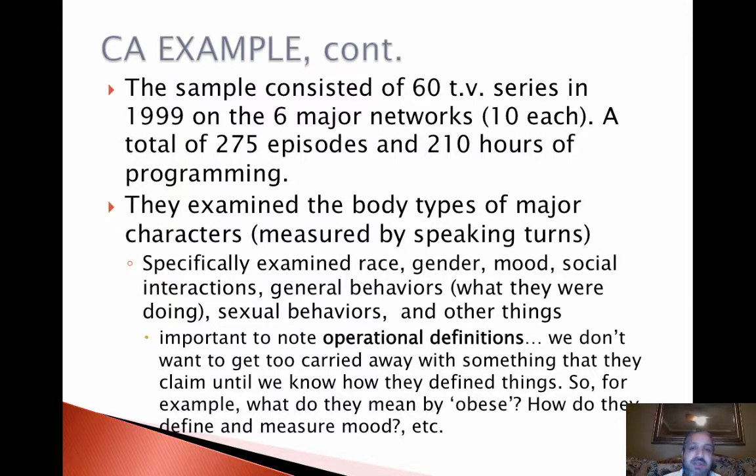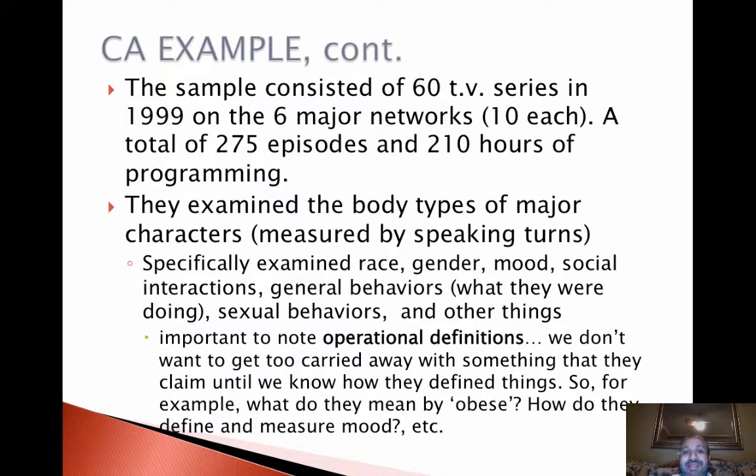So what did they do? First thing you got to do is take a sample. They were doing this study back in around 1999. So they looked at shows in 1999. They took a really strong, robust sample. I mean, this is huge. 60 TV shows on all 6 of the major networks: ABC, NBC, CBS, Fox, UPN, and the WB, I think, were at that time, right?